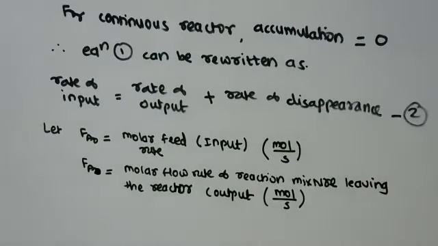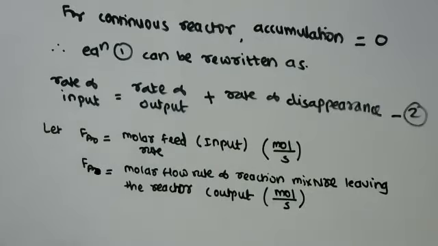But at the moment, I'm just assuming the general case of general units of the feed rate. In some cases, some people may call it a product rate, but truly speaking, you cannot directly call it a product rate. The reason being, whatever the reacted mass is coming out from the reactor, it may not contain only product.